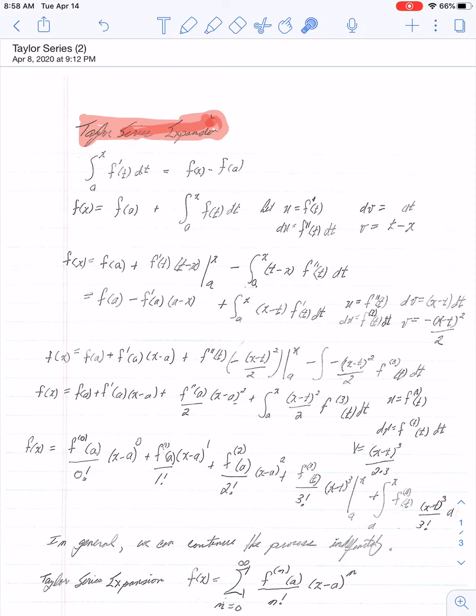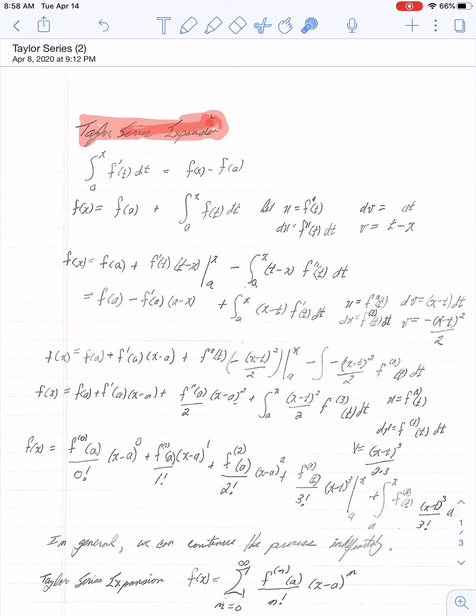Well, it's the antiderivative of f prime evaluated at x, subtract the antiderivative of f prime evaluated at a. But the antiderivative of f prime is just the function f. So the fundamental theorem of calculus tells us that the integral from a to x of f prime of t dt is f of x minus f of a, no big deal.